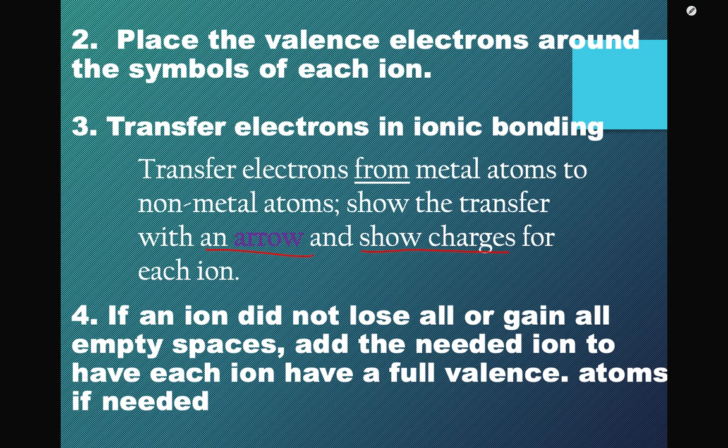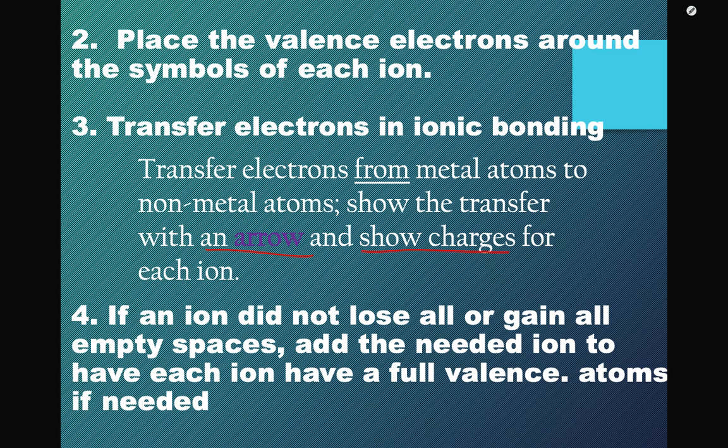Step number 4 is if it's needed. If an ion didn't lose all of the electrons, so you've got dots left over, or an atom didn't gain enough to get up to 8, then you need to add more ions until it works.